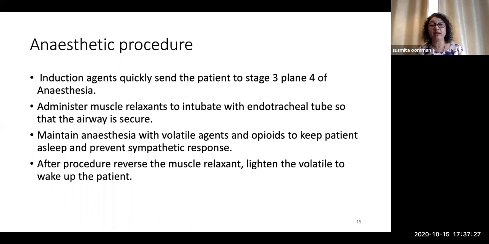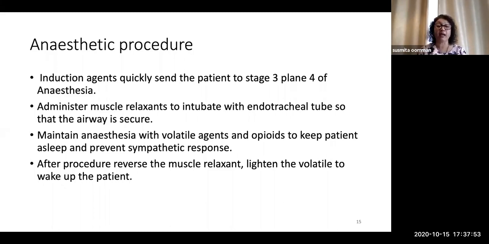We intubate, we put a tube into the patient's airway, and once we have secured the tube in the patient's trachea, we ventilate the patient. So now the patient is anesthetized, hypnotized, and has the tube, and we maintain the anesthesia with the volatile agent and opioids, and we keep him deep for the operation to happen.